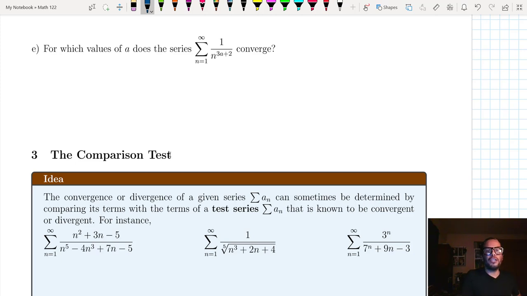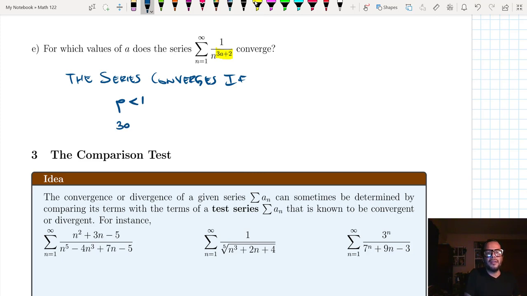Okay, we know that the series converges if p is a number greater than 1. But in this case, what is p? P is in the form of 3a plus 2.